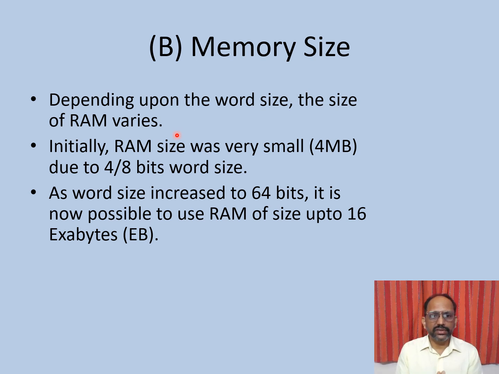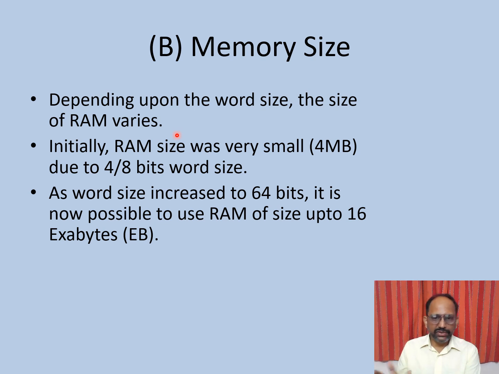Initially, the RAM size was very small. It was just 4 MB due to the 4 bits or 8 bits word size. So the 4 bits word size can generate up to 4 MB of memory addresses at the most. Therefore, it was limited to just 4 MB.